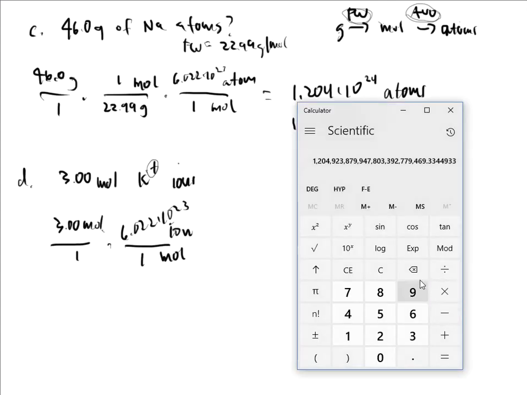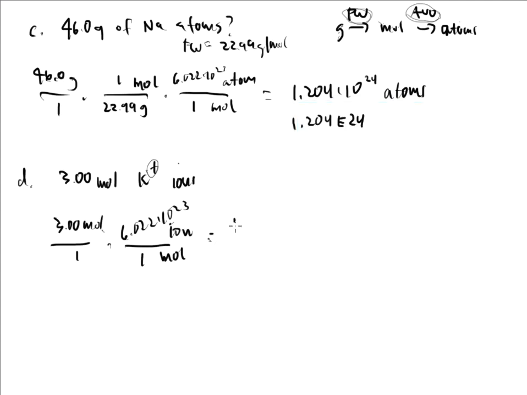So I'll bring in my calculator, and I've got 3 times, parentheses, 6.022 times 10 to the 23rd. So 23 to the exponent. That's how it should look in your calculator: 6.022 times 10 to the caret 23. We're going to multiply that by 3. And we get 1.806 times 10.